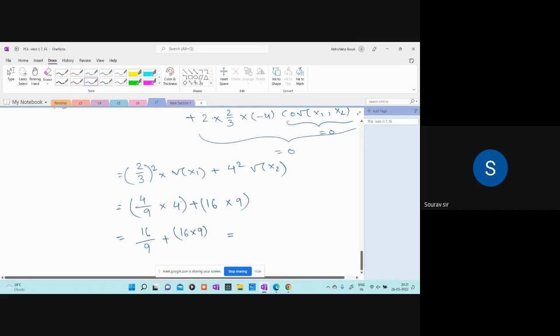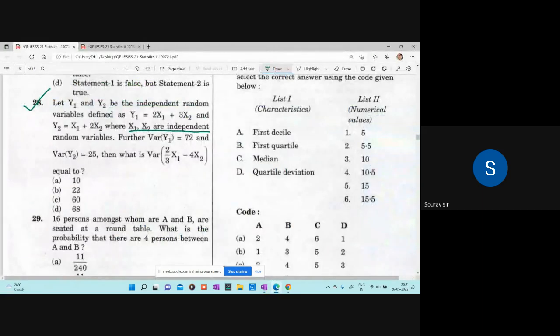That will come around 145.778. I am using a calculator. 145.778 approx. So obviously here the value is, wait.